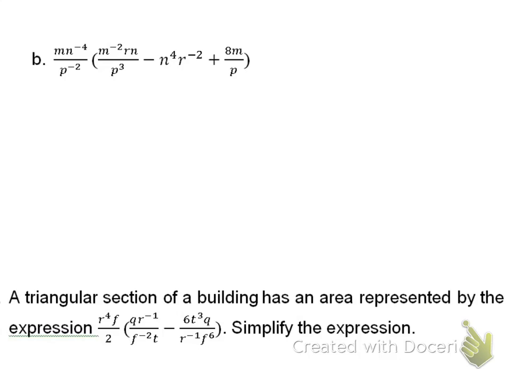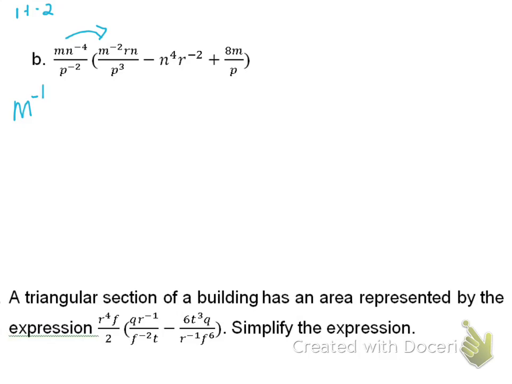Let's go ahead and distribute the numerators. So we have m and m to the negative second power. Now remember, that's 1 for the first m plus a negative 2 for m to the negative second power. We add the exponents. So 1 plus negative 2 is m to the negative 1 power.